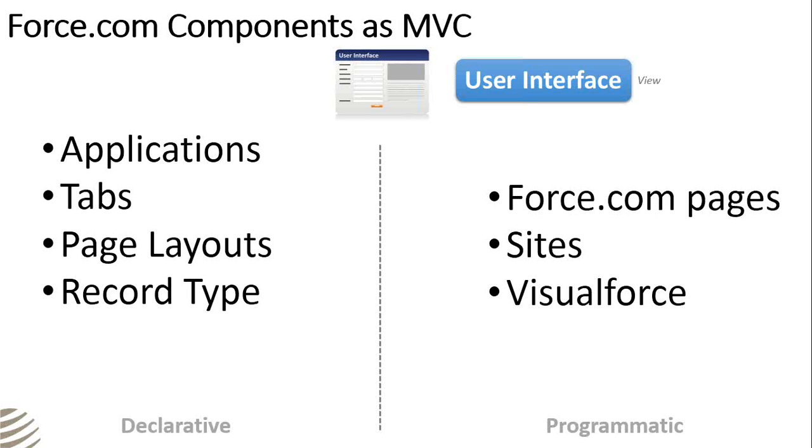If you want to have more control over your user interface, you want to add more custom UI to it, you can use the programmatic model, that is the force.com pages, sites, and they have the Visualforce UI framework. It is similar to maybe in the Java domain like JSP tags or struts tags.